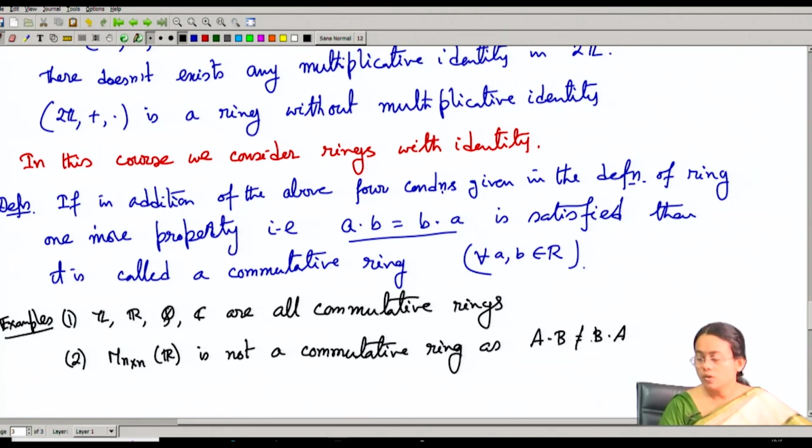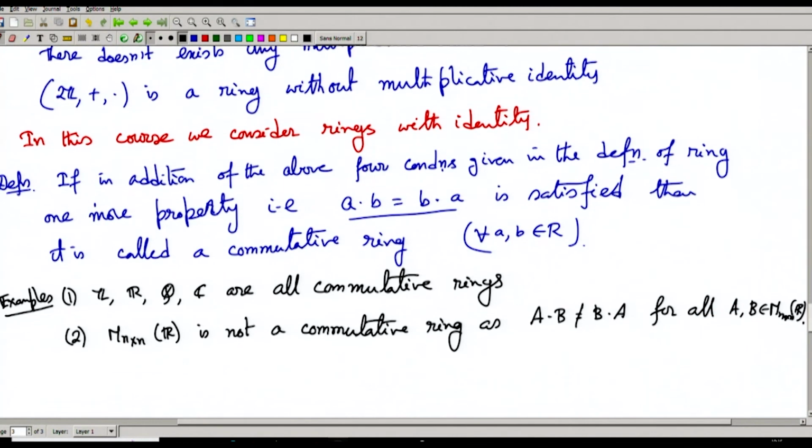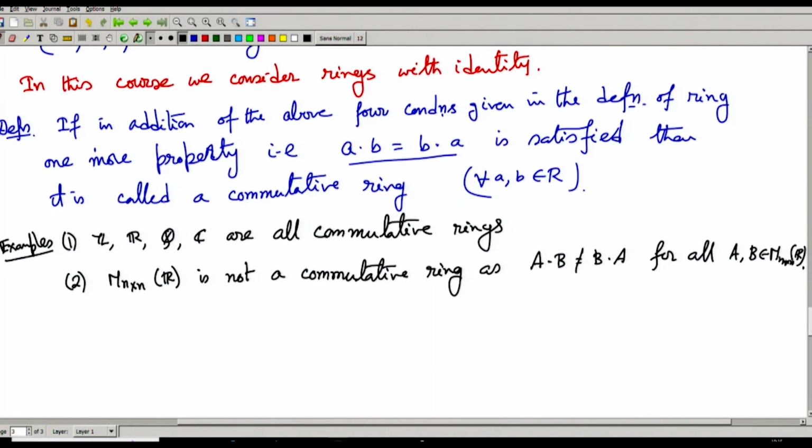This is not true for all A, B in the set of n cross n matrices. So, we have seen examples of commutative rings and non-commutative rings.